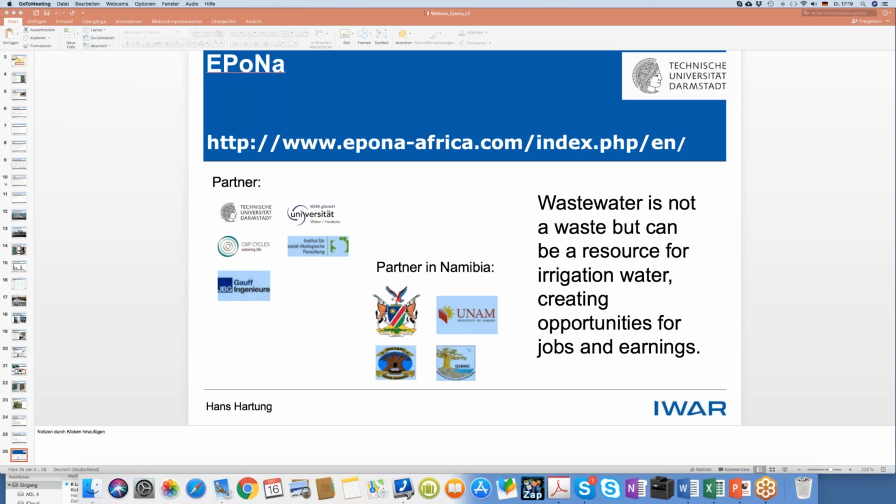Worldwide they're looking at Windhoek, at this sort of experiment, and they've done it for more than 10 years, and you can imagine that it's monitored meticulously.